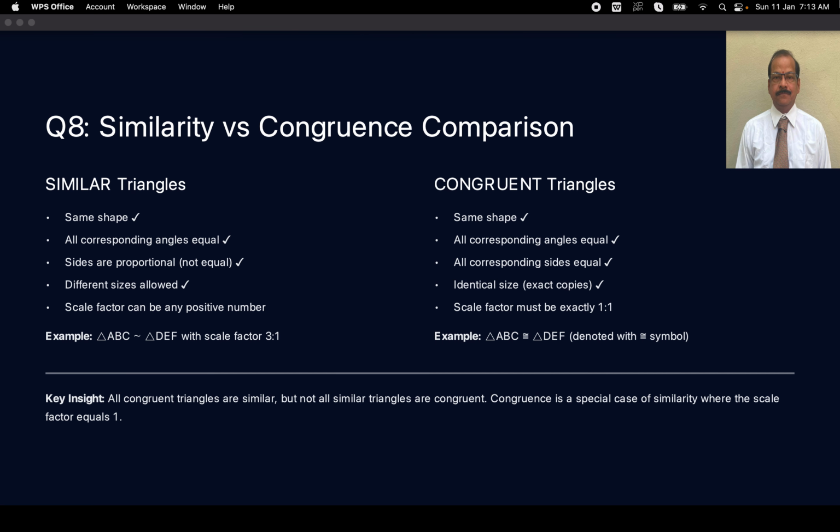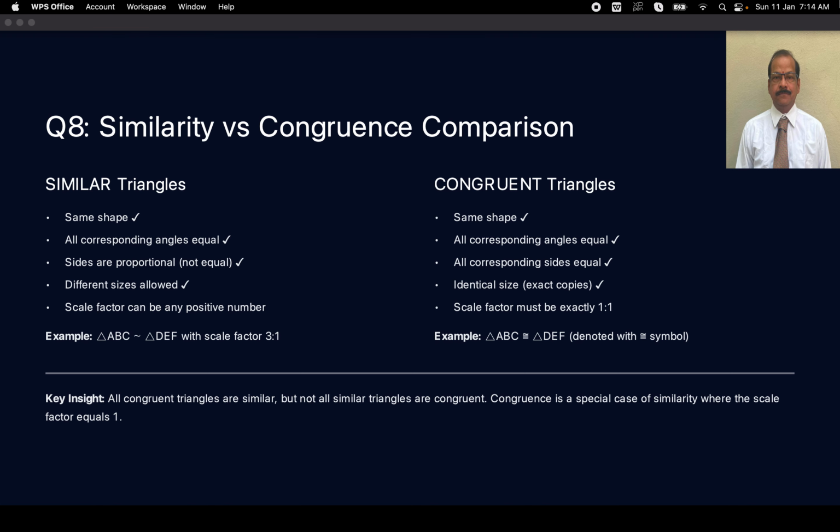Whereas if ABC and DEF are supposed to be congruent, then they are supposed to have a 1:1 scale factor. So DEF should be exactly of the same shape and same size. Then only we can write triangle ABC is congruent to triangle DEF.